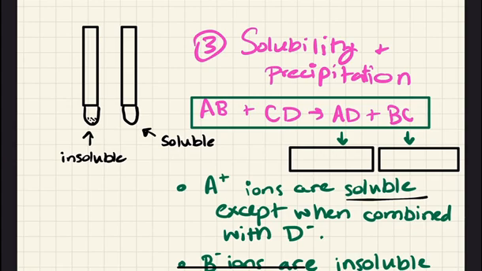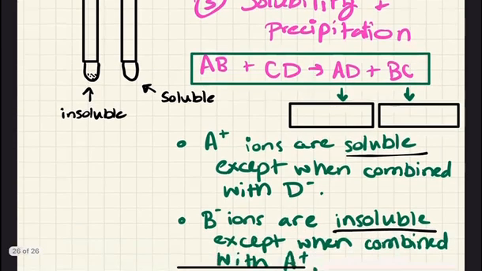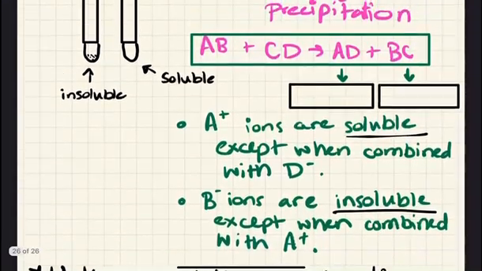So when we want to make predictions about that, or even understand what might be happening, a useful tool are solubility rules. And so I made up a couple of generic solubility rules to kind of help us think about this generic reaction. So often you'll see rules that say that something is always soluble except in certain circumstances, or you might see that other types of ions are always insoluble except in certain circumstances.